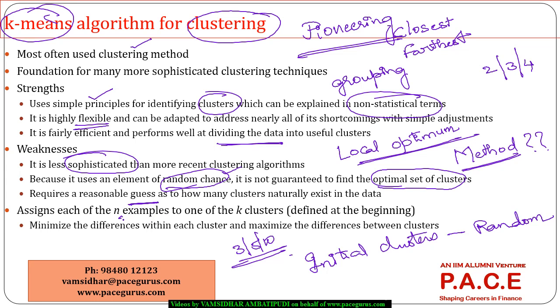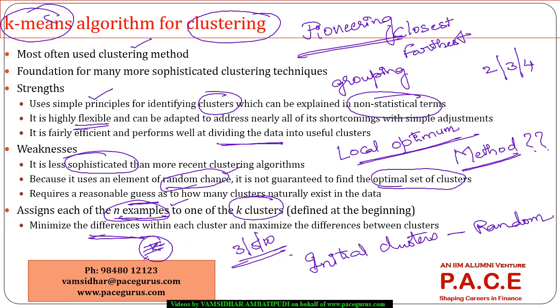So in the whole thing, all the examples and all the data that I am taking are assigned to one of the K clusters. Initially we have to specify how many clusters we require. Let's say I have specified that I require K clusters. Then it will assign all the examples that I have to one of these clusters. The way it assigns is, it tries to minimize the differences within each cluster.